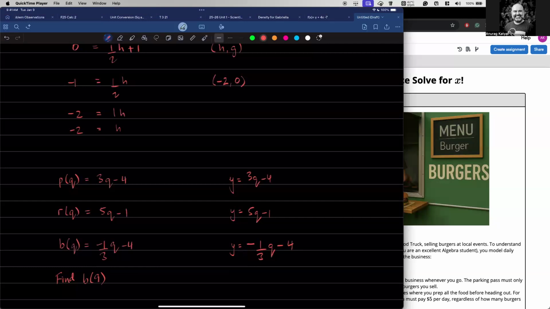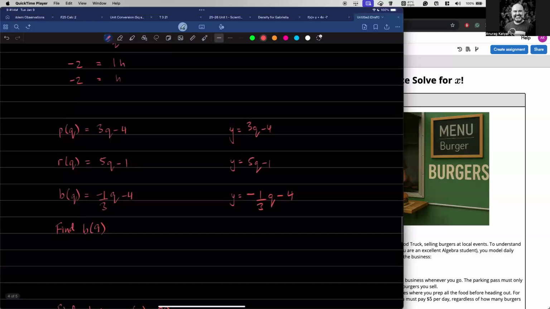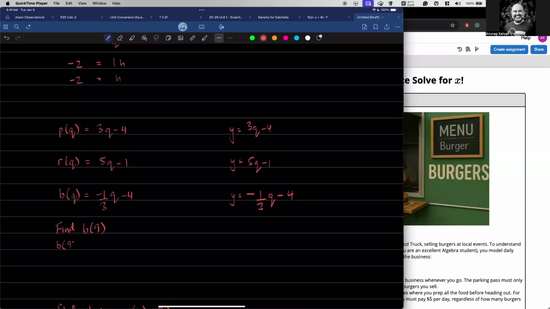So how would we do this? How would we find b of 9? Well, wherever we see a q, we replace it with 9. So negative 1 over 3 times 9 minus 4. 3 goes into 9 how many times? So this is really negative 3 minus 4, which is negative 7.